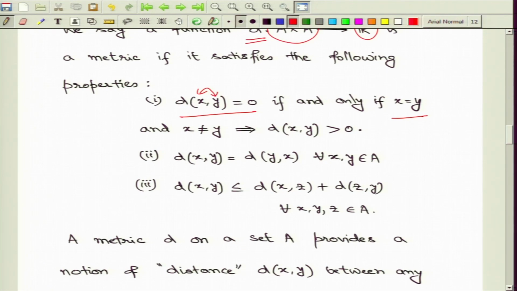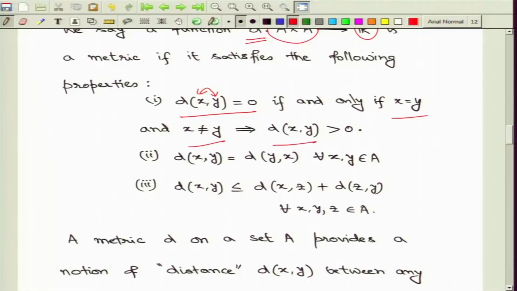Moreover, we should also try to distinguish points by this distance function. So, if x is not equal to y, the distance should be positive. Moreover, the distance from x to y should be the same as the distance from y to x. This is another expected property, and this is also called the symmetry property for this function.